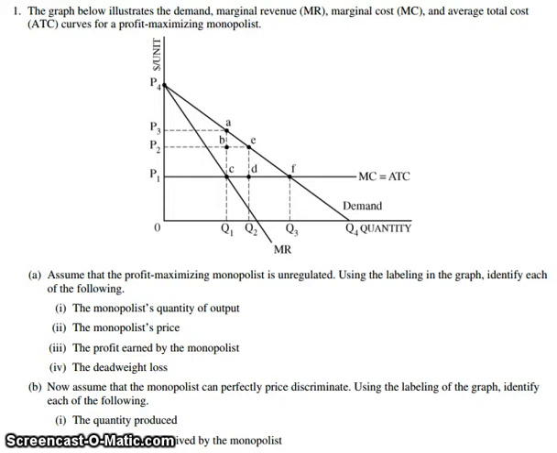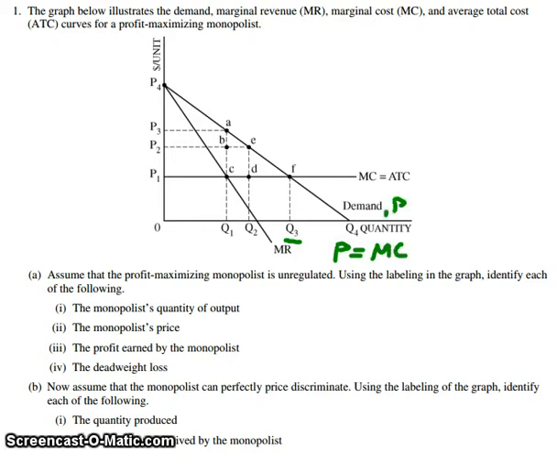C asked to give the socially efficient quantity, and as we identified earlier in another part of this same question, Q3 is the socially efficient quantity. That's where price was equal to marginal cost. Remember, price is part of the demand curve here.